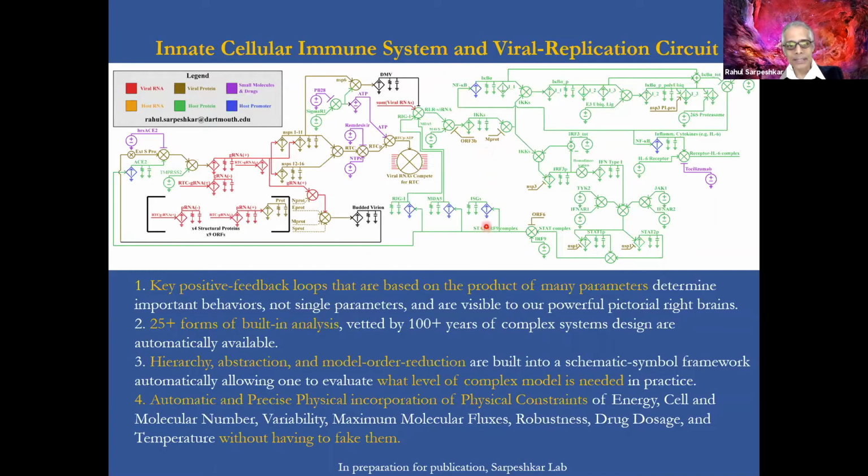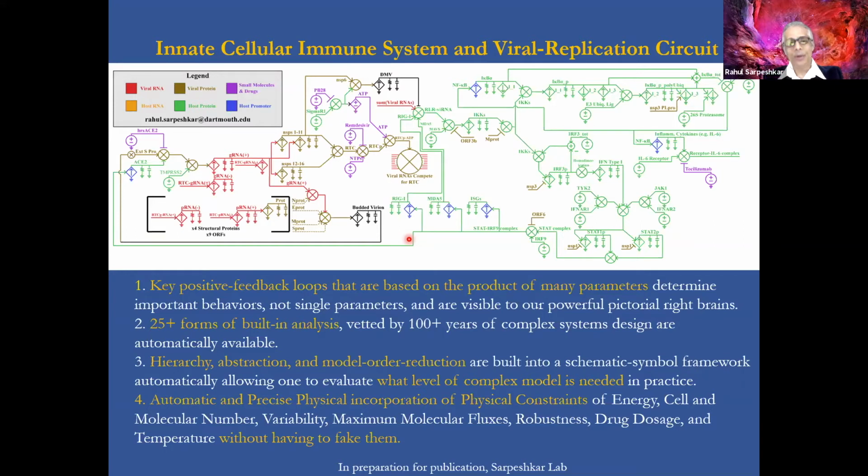So many things basically can be represented with far fewer parameters because we, A, don't know many of them, and we don't care. It is, in fact, these feedback loop parameters that we care about. There are also many, many forms of analysis that engineers have used to design complex systems that have been vetted by over 100 years of design. And those can be used automatically because they're built into the software, like sensitivity, robustness, dynamic response, noise.